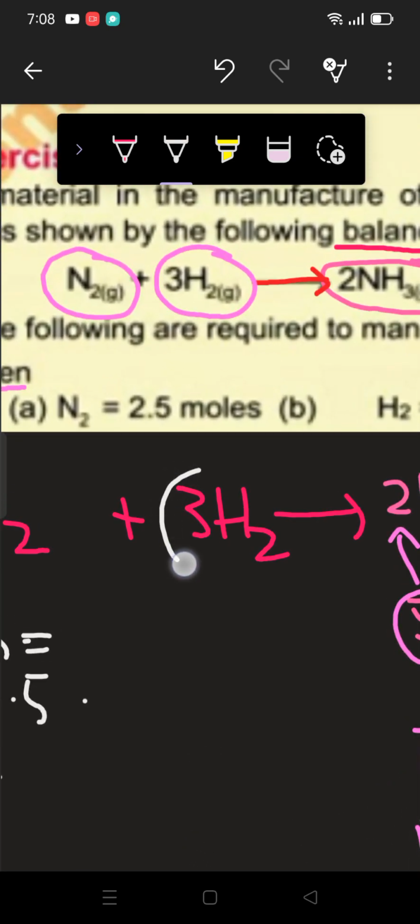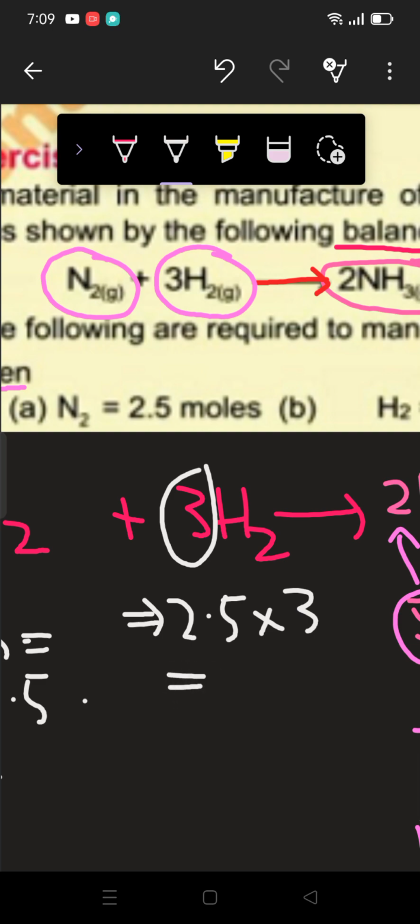Now here we have the stoichiometric coefficient 3. You need to multiply this stoichiometric coefficient with the moles of only one NH3, and for one NH3 we have got 2.5, into the stoichiometric coefficient of H2, which is 3. So 2.5 into 3 gives us 7.5 moles.